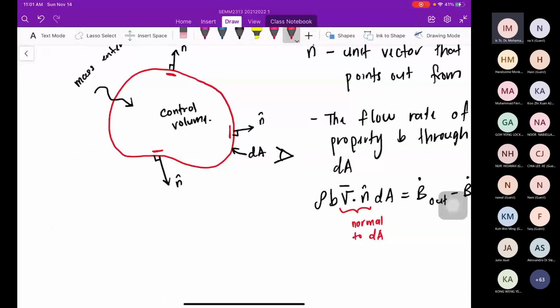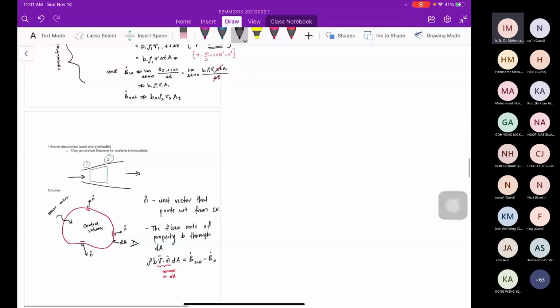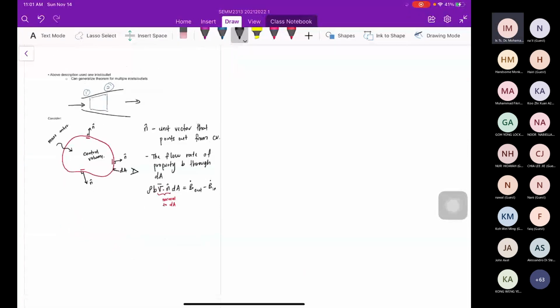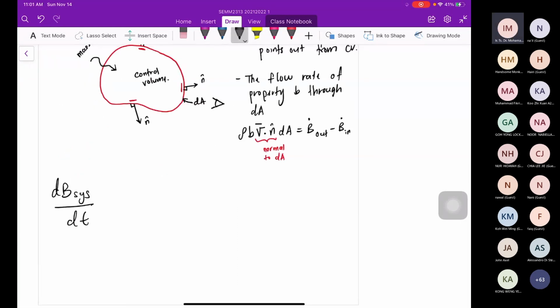Thus we can apply this equation, the one that we derived, right? The change of the extensive property for the system over dt is equal to the change in the control volume, rho B dV, plus the change in the control surface, rho B V dot N dA.